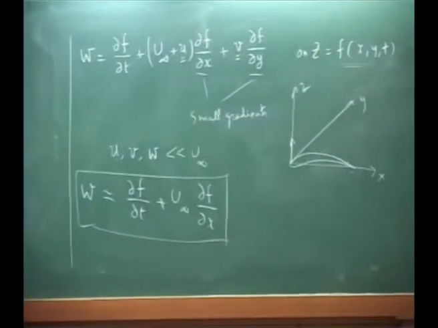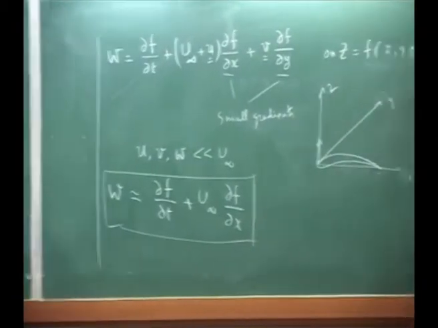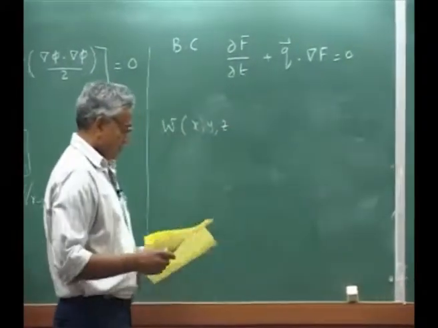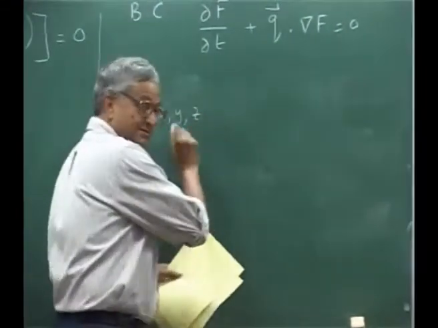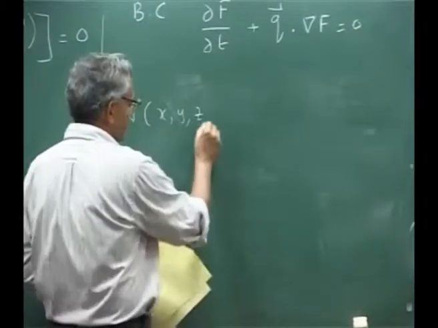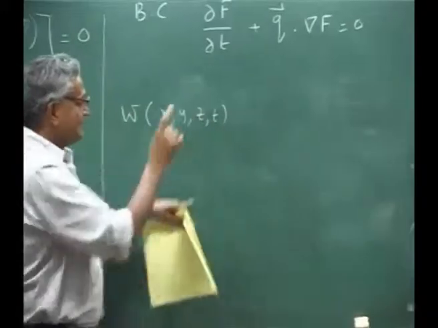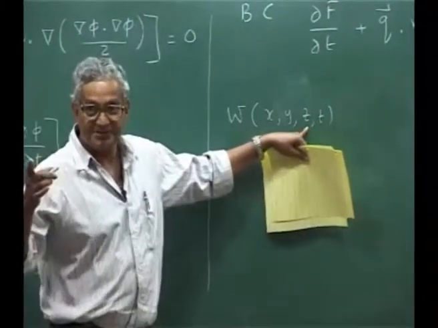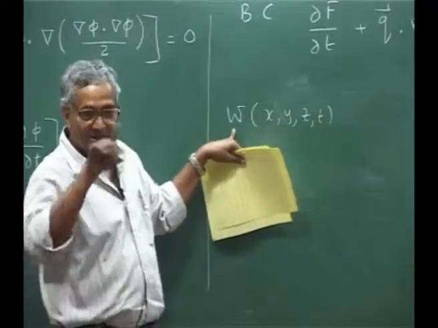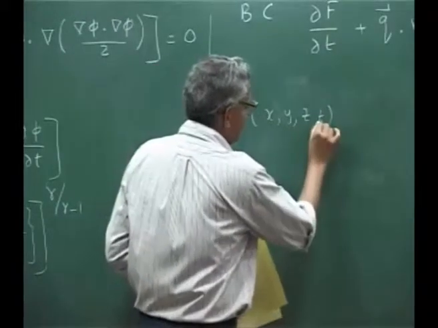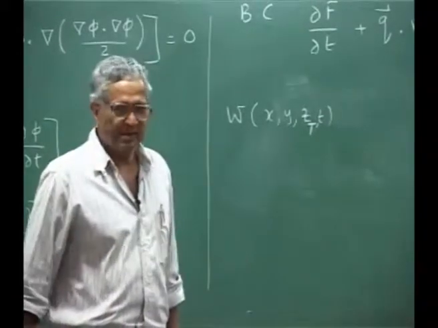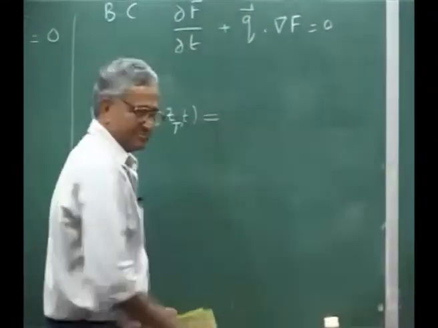You are going to expand it, that W, which is a function of x comma y comma z, whether it is a top surface or a bottom surface, that will depend on z. If you put it top, because you want to calculate the flow velocity on the surface. So if I put it z top, that means this is the top surface, and you are going to expand it like that, Maclaurin series.